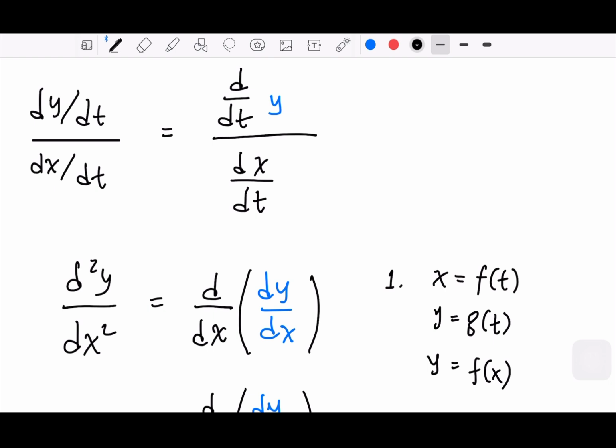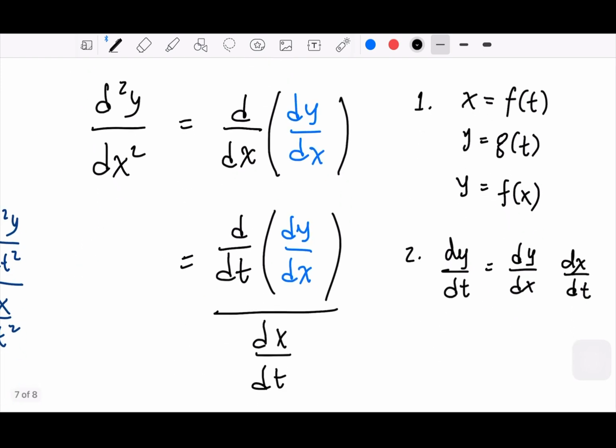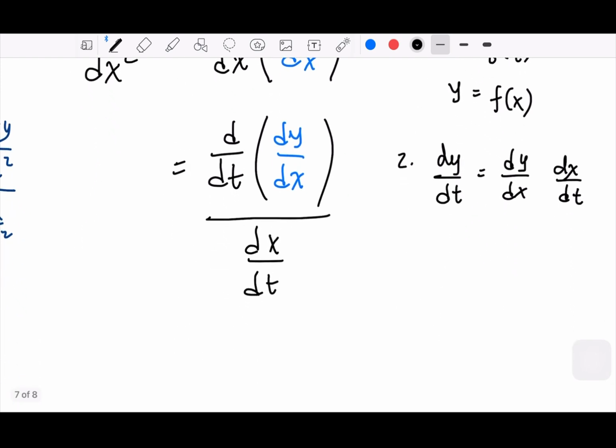Because we have the same chain rule over and over, we just replace the y with dy/dx. And this is how you get the second derivative.